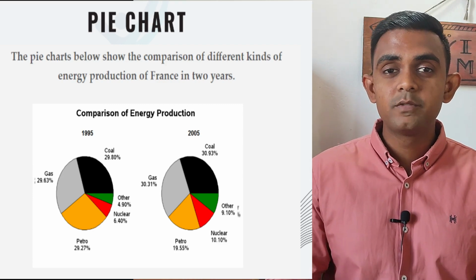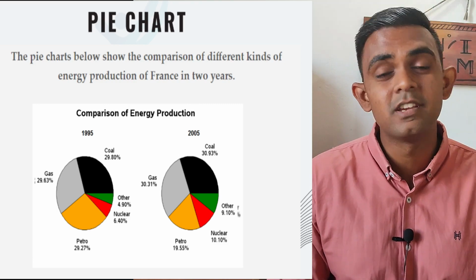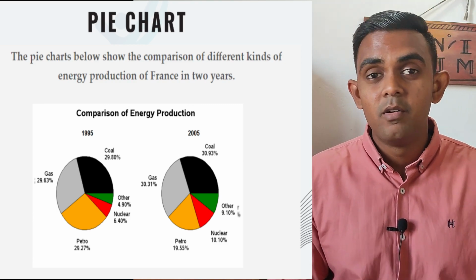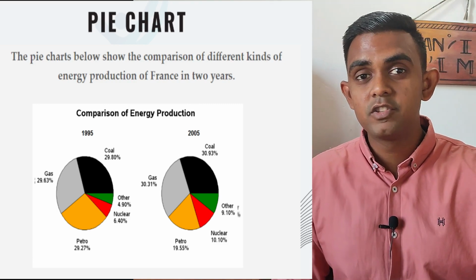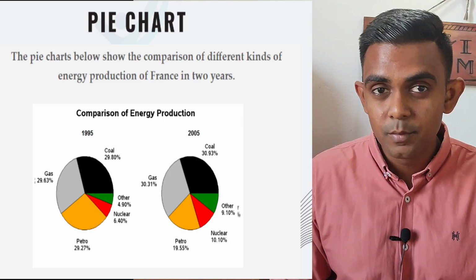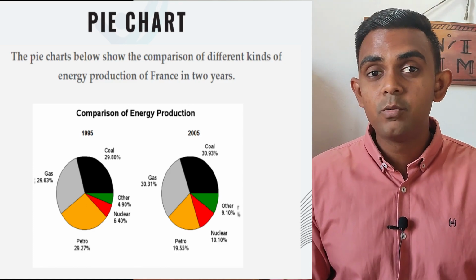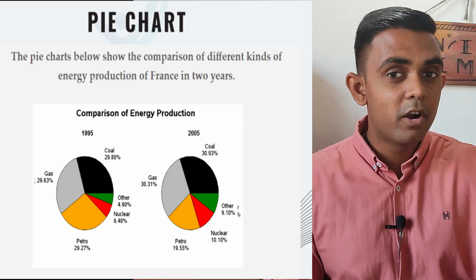One thing is, always make sure to highlight the largest and smallest proportions in your pie chart, right? Whatever biggest proportion that you see, whatever the smallest that you see, make sure to highlight that because they count as key information. If there is more than one pie chart, make sure to always compare the trends. So you can have two body paragraphs.